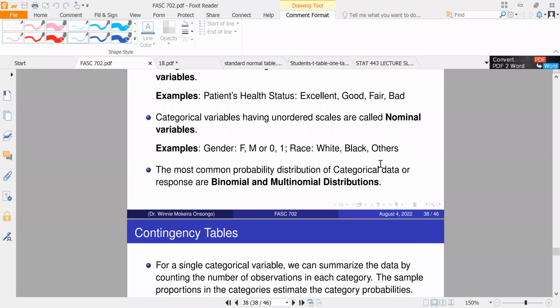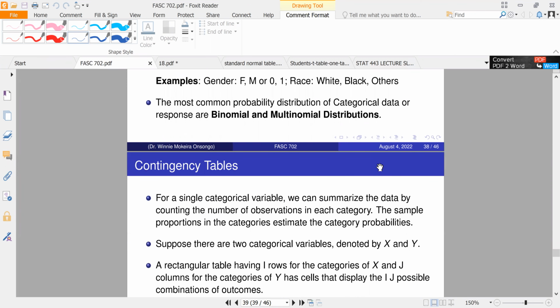What about their gender? Someone will tick either male or female. Now, if we only have one variable of interest, then it will be easy to analyze that data, because all we need to do is count the number of males and count the number of females. From there, you know the categories that individuals lie.